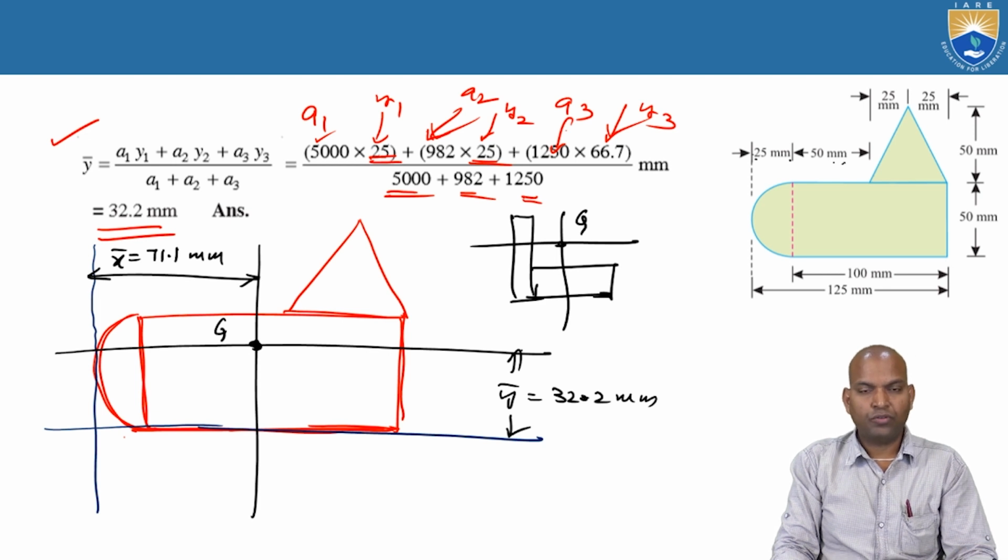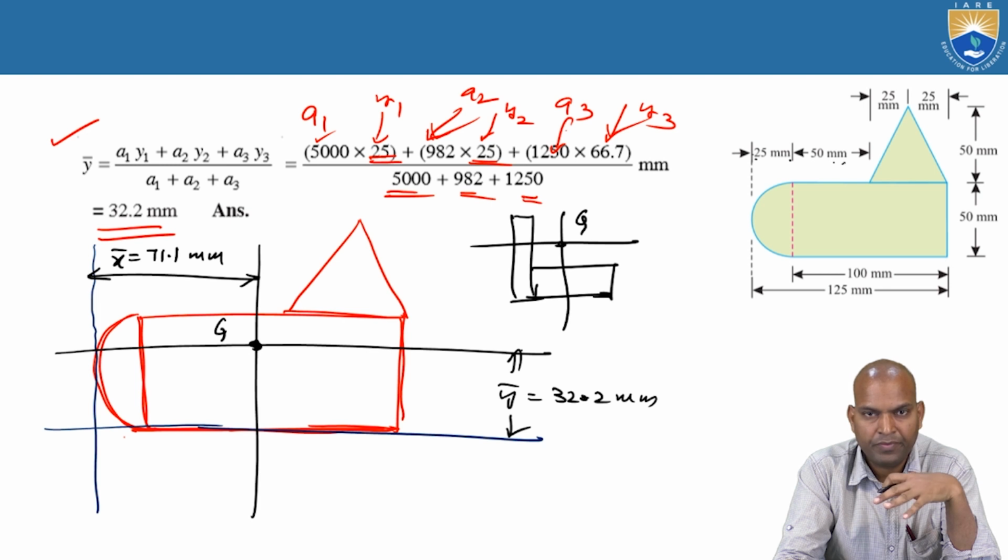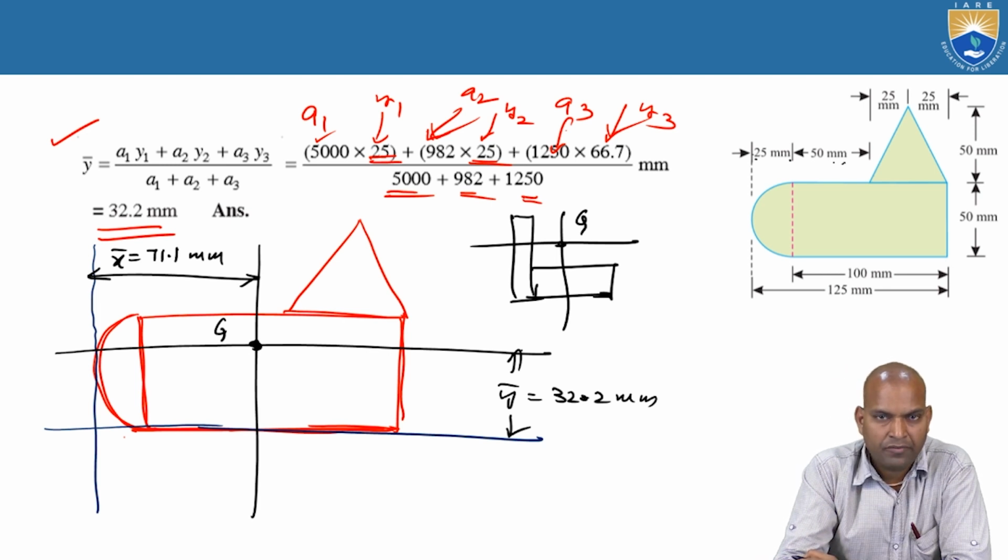So far we covered these concepts over around 3 sessions: what is the centroid, what is the center of gravity, what is the center of mass, and how to look at the centroid of plane figures, simple figures, composite figures, single lines of symmetry and also unsymmetrical sections.